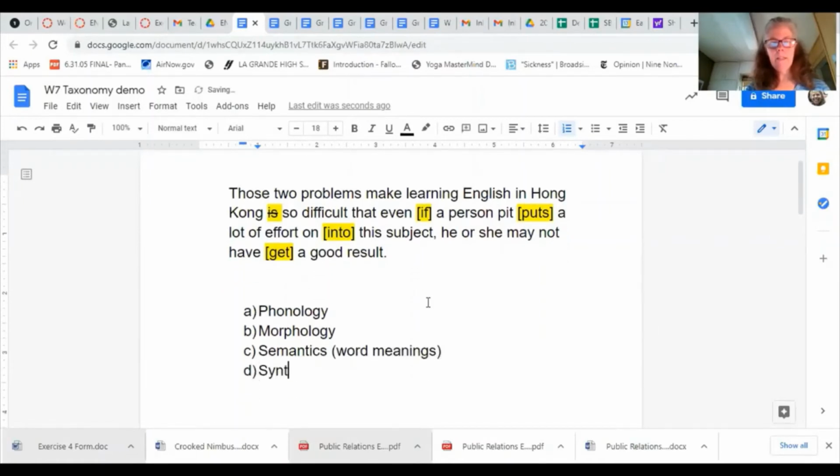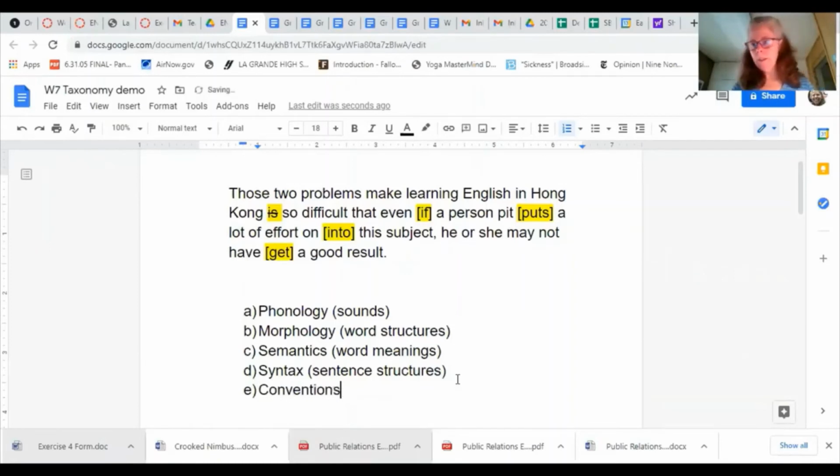Syntax is sentences, sentence structures. Phonology is obviously sounds. Morphology has to do with word structures. And then something else that might also be operant here, as it would be in native speakers' language, is conventions, right? So what are the sort of native speaker conventions? I don't know if the student's having trouble with that. So I'm going to go back and try to sort of diagnose where the problems are happening.